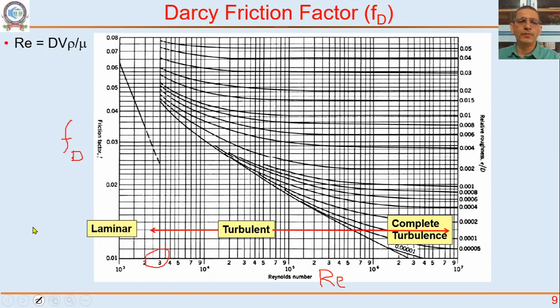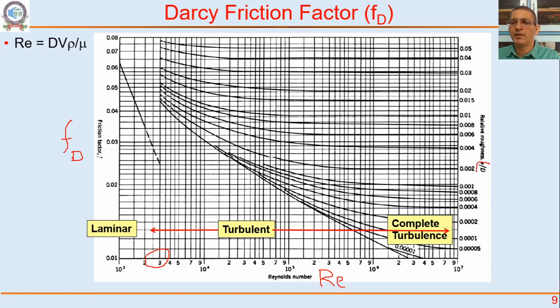Beyond 4000, what people found is that friction factor reduces, but not linearly. It is a gradual reduction. And it depends on something called roughness, how rough the pipe is. Whether it is the same material of construction of the pipe, same fluid, but if pipe is very smooth or pipe is rough, the friction factor changes based on that. And that is called a relative roughness.